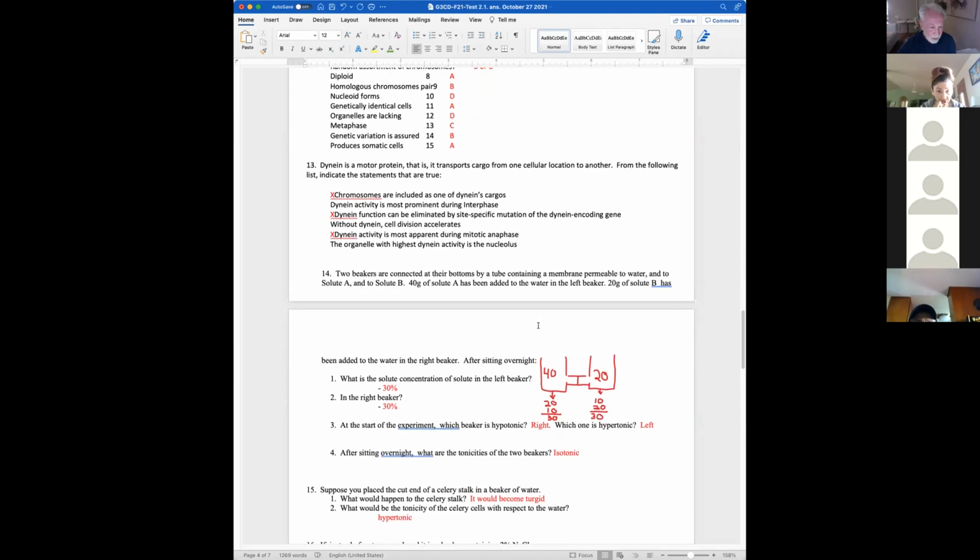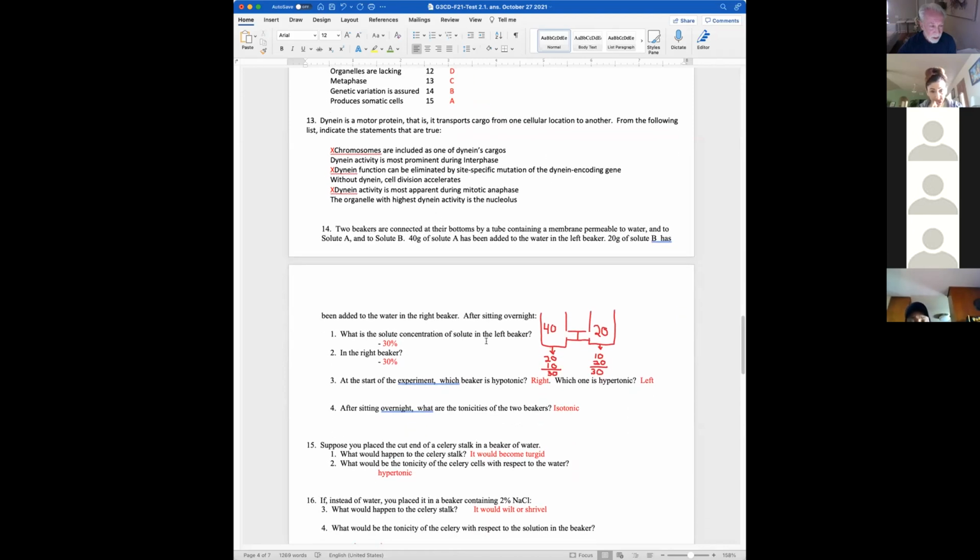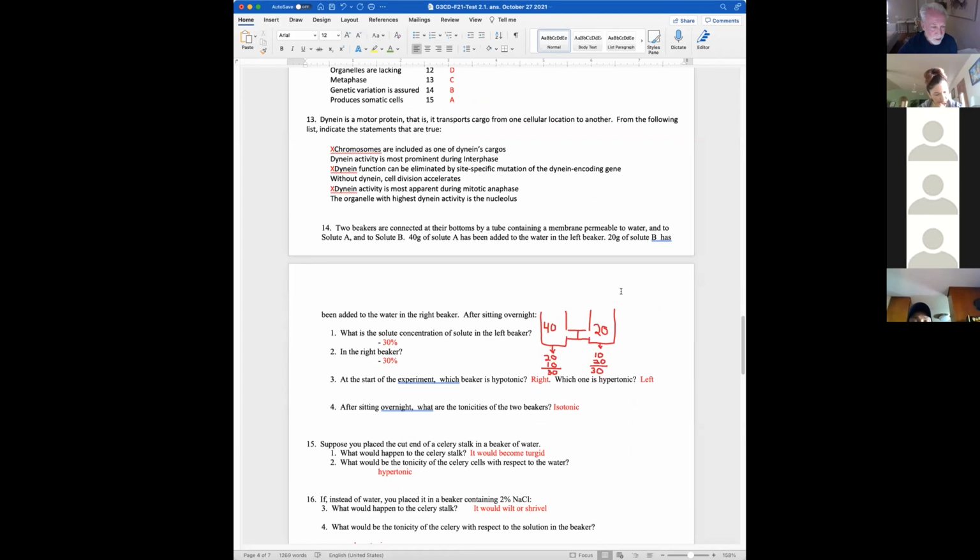Okay, next we have an opportunity to apply the rules of tonicity again. In this case, we have 2 beakers connected at their bottoms containing a membrane that's permeable to everything, to water and to both solutes A and B. So if you put 40 grams of solute A in the left beaker and 20 grams of solute B in the right beaker and allow them to sit overnight.